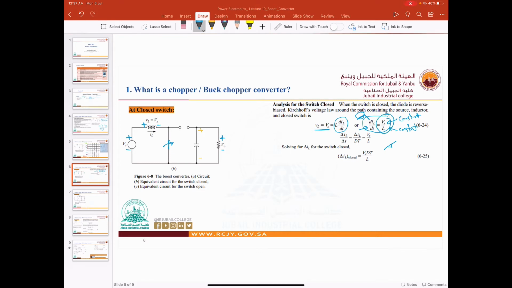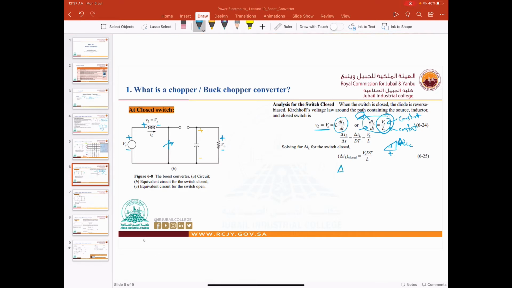The time is already known right here. So we need to find delta IL close. We can find it by multiplying by what, shabab? By the time closed, right?